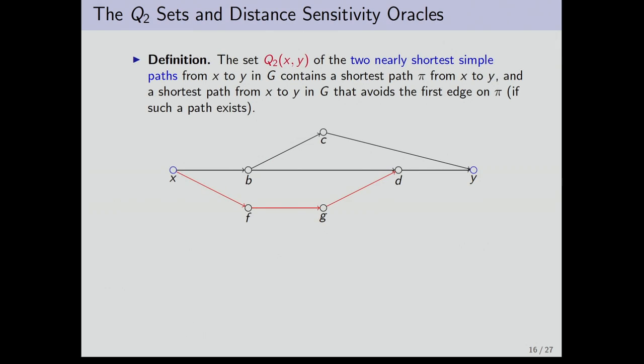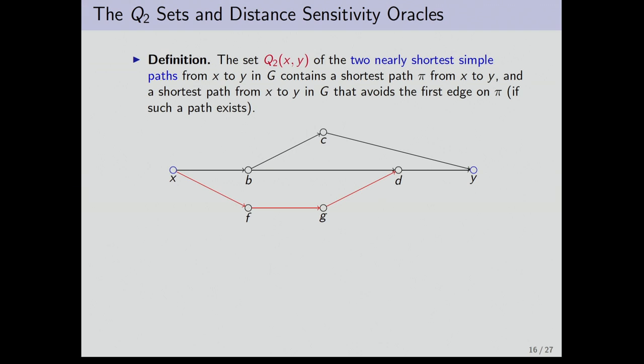And here's the definition of the set. Given a pair of vertices xy, Q2 xy contains a shortest path from x to y. And then the second part in Q2 is going to be the shortest path from x to y that avoids the first edge, xb. Okay? So for example, in this graph, assume all edges are weighted 1, so we have two shortest paths, both with 3 edges.